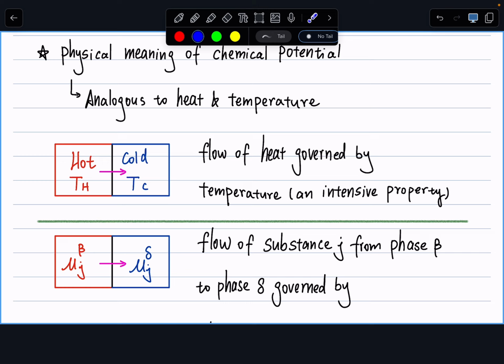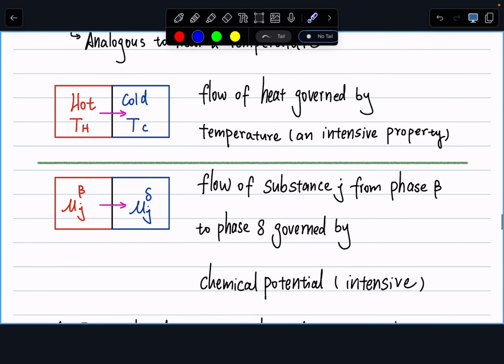So we always have flow of my substance J from a phase with higher chemical potential to a phase with lower chemical potential, and the direction of that material flow is governed by an intensive property, which is chemical potential.